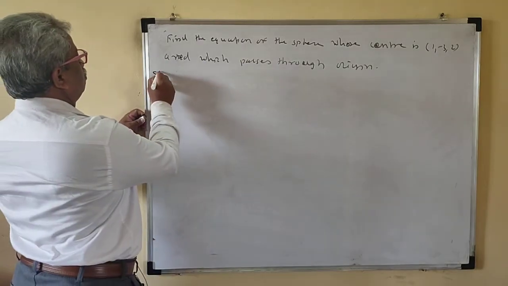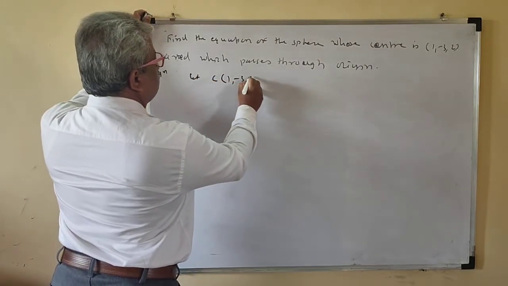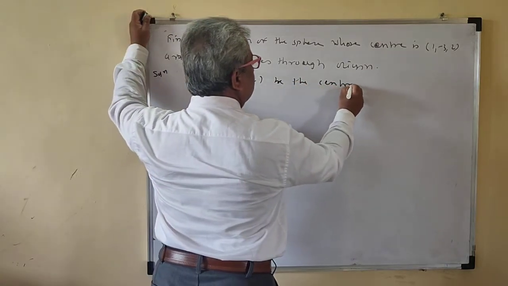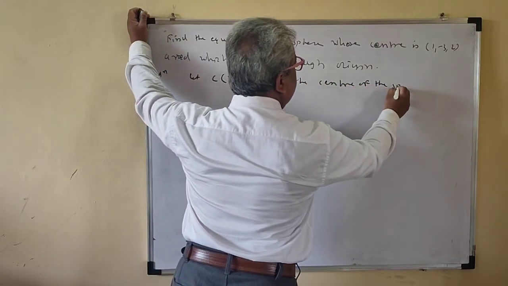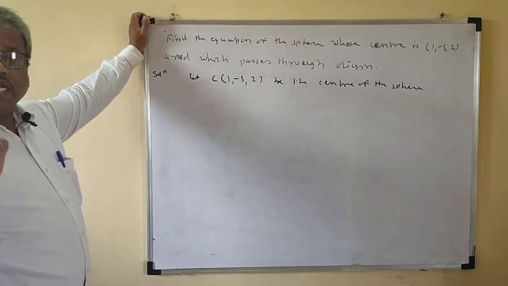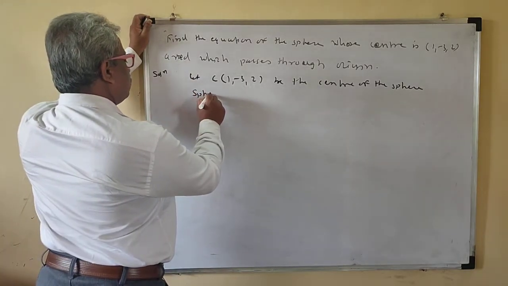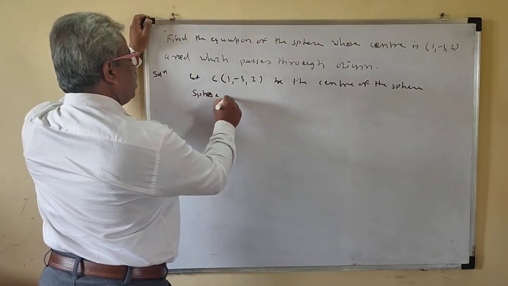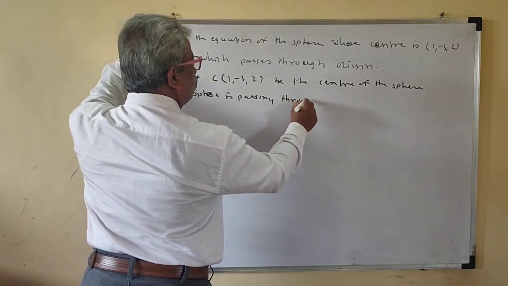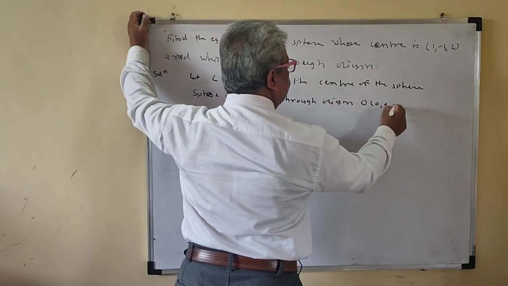Okay, solution. Let C(1, -3, 2) be the center of the sphere. Okay, so the radius is not given. The sphere is passing through the origin O(0, 0, 0).